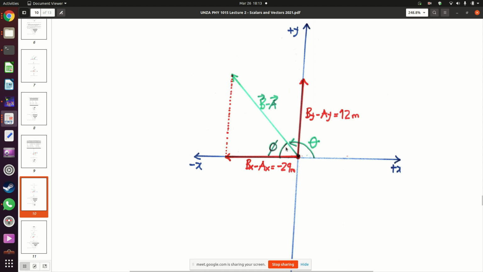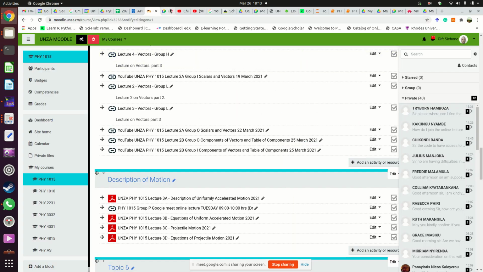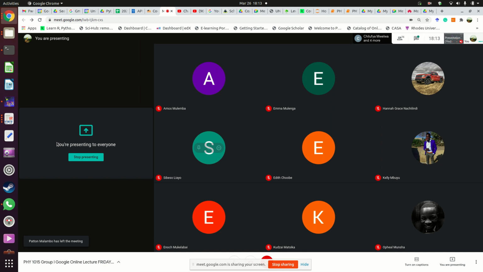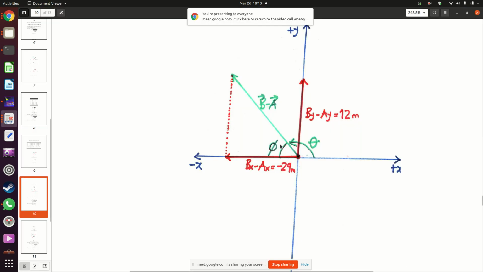That is what the negative direction is, minus 22.3 degrees. Are we clear? Is it clear?